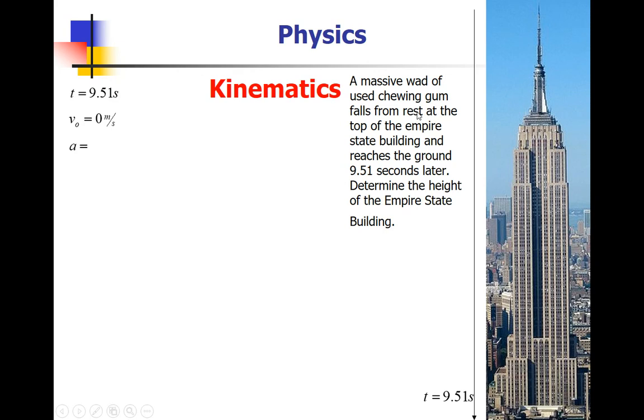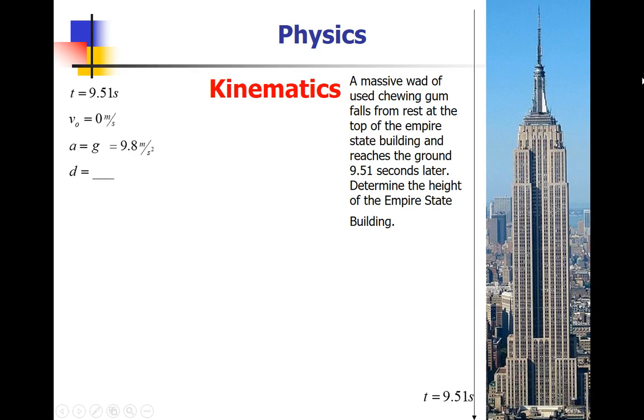Oh, but wait, it does tell me it's falling. So if it's falling, it means the acceleration is g, 9.8 meters per second squared, the acceleration of gravity. What is the displacement? Well, initial velocity, acceleration, time, and displacement.